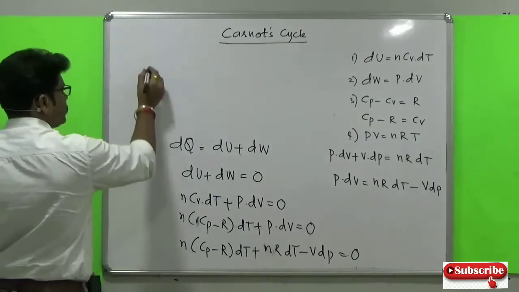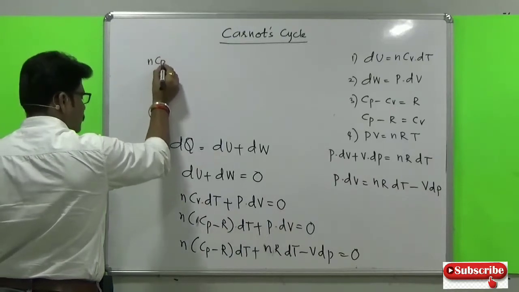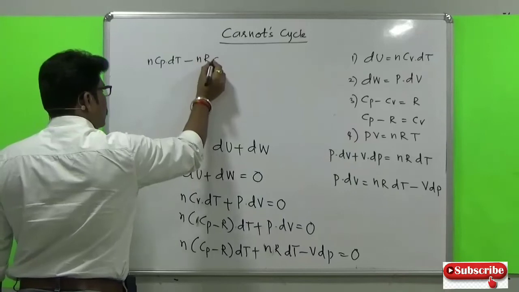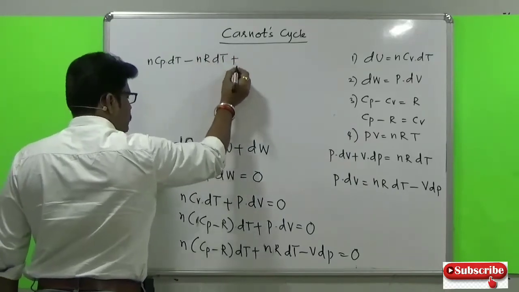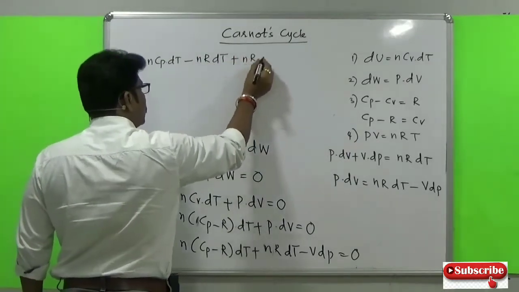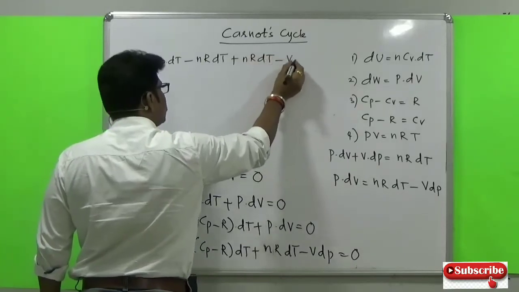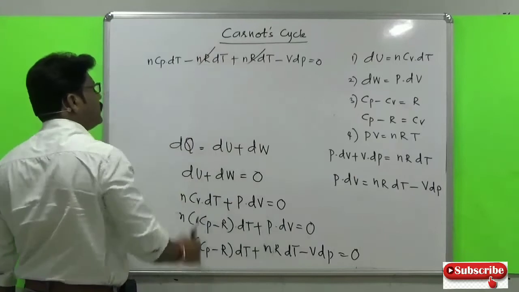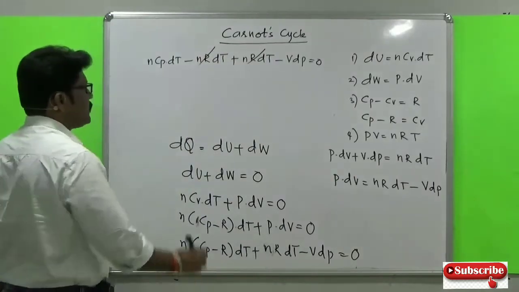Expanding this equation: n into Cp into dT minus n into R into dT plus n into R into dT minus V dP equals to 0. ये दोनों मर गए. क्या बच गया?